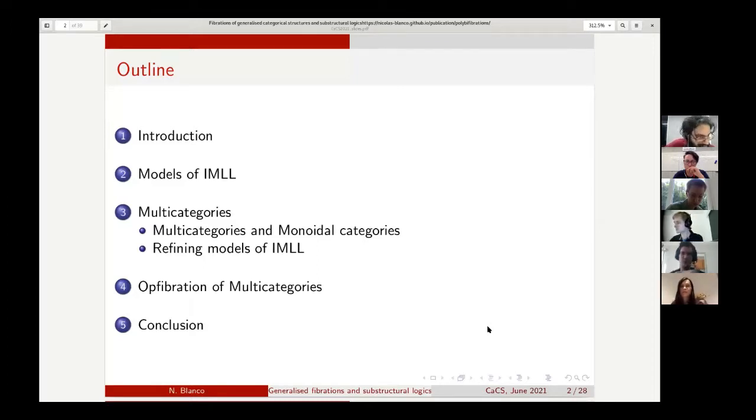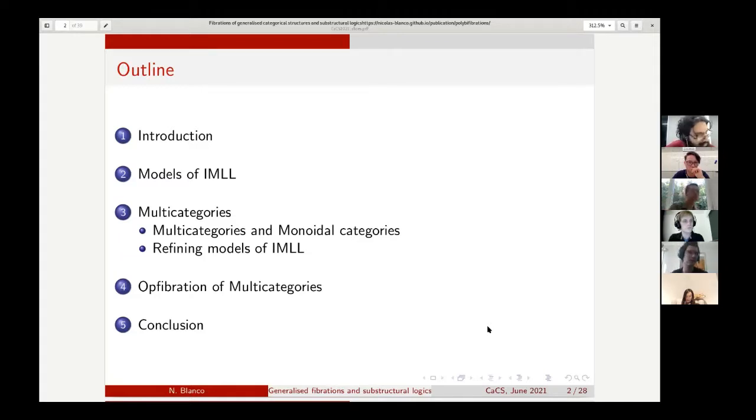So I will give first an introduction to it. Then I will talk about some specific models. And from there, you could just forget about intuitionistic multiplicative linear logic if you don't know about it, and just think categorically and think about symmetric monoidal closed categories. So even if you don't know anything about logic, if you know what monoidal categories or monoidal closed categories are, you can still follow this talk.